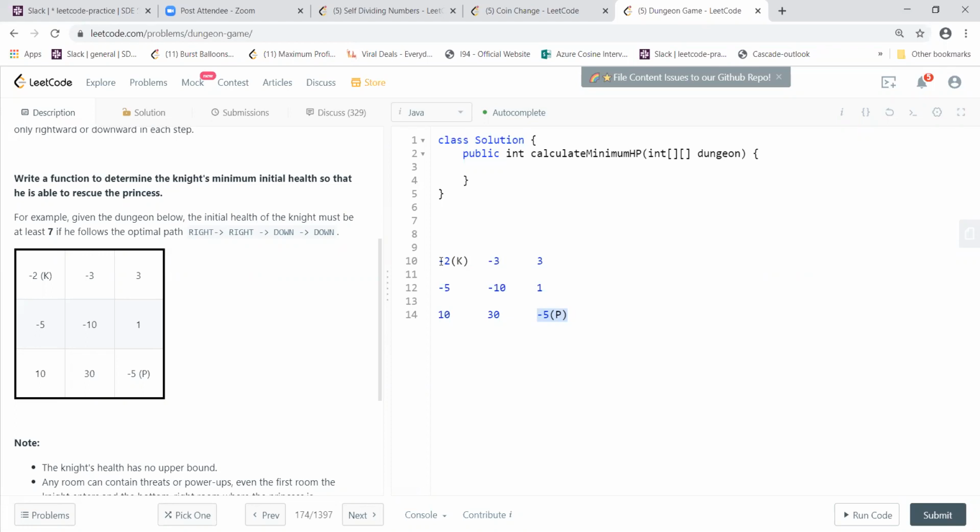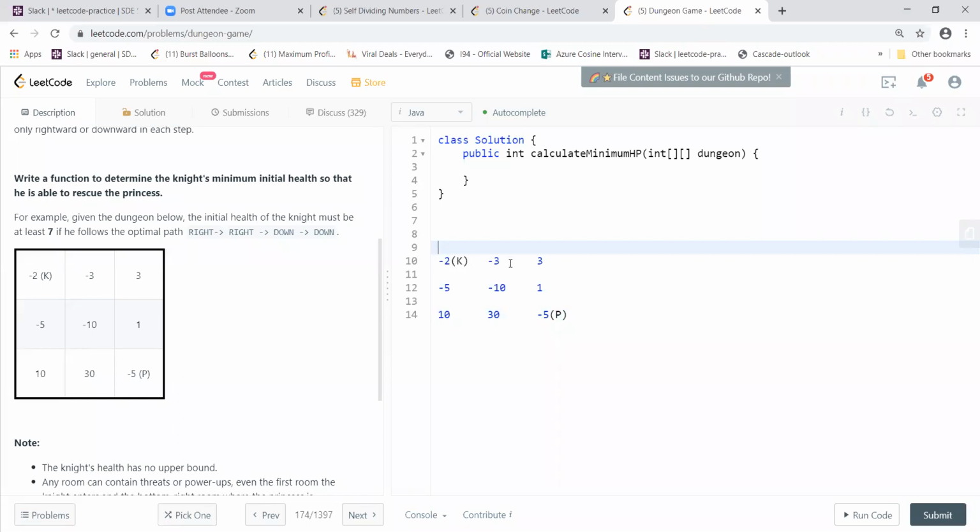And the optimal path in this case is -2, -3, 3, 1, and -5. So if we go through this path, we can find that the minimum health required for the knight to start with has to be 7. So if he has 7, when he comes here with -2, he'll have 5.